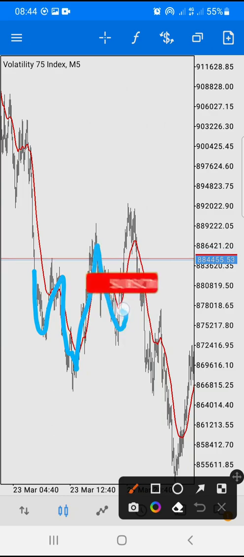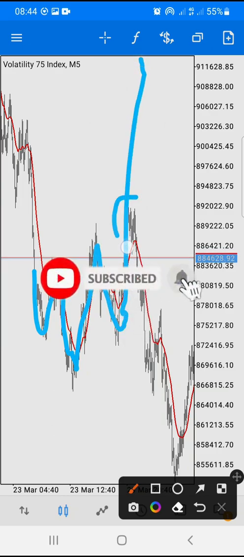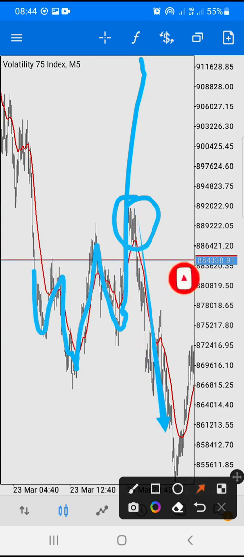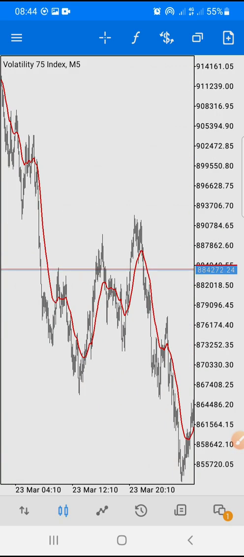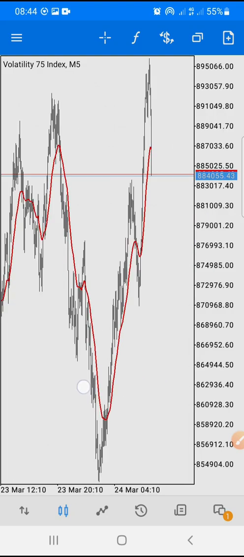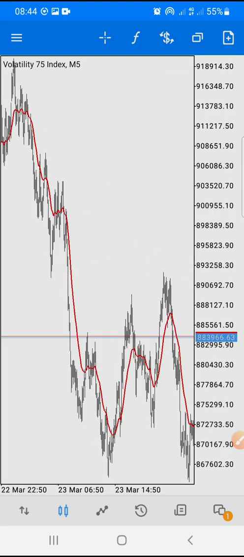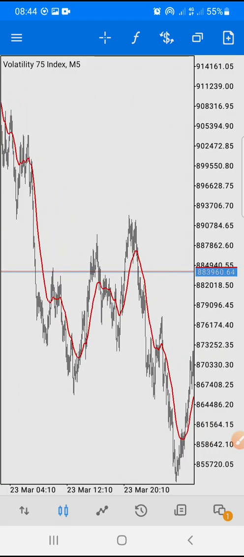We expected it to move upward, but check what it did: it moved in a different direction. This pattern is a massive pattern that moves the market in a different direction, but in this case, it didn't do it. So the market does not work with one scenario.